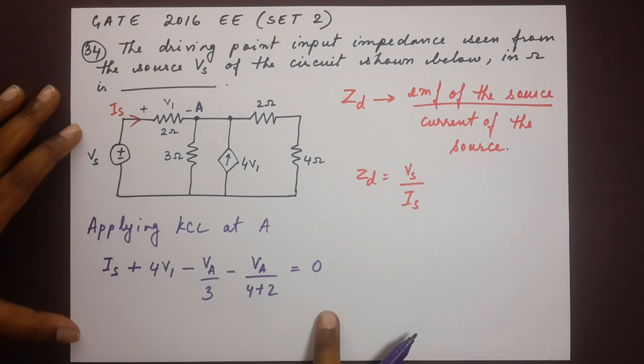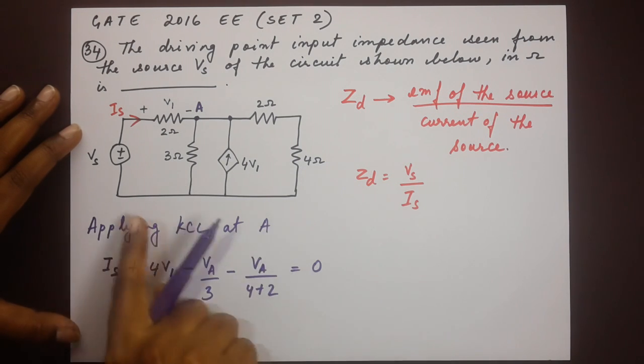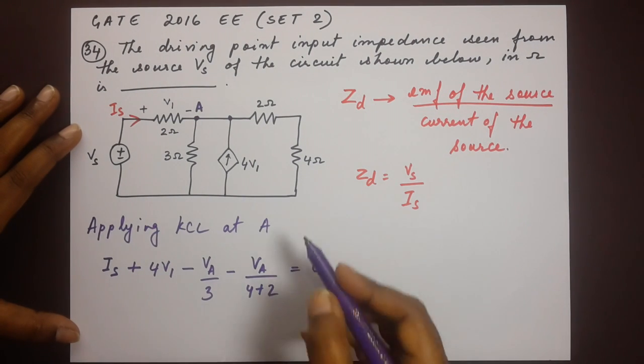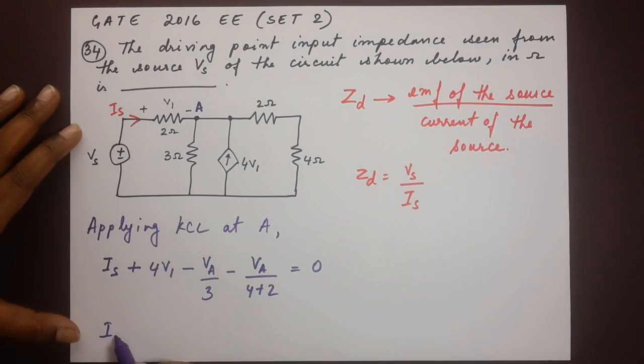This is our current equation for the entire circuit at that node A. So we now have Is plus 4V1 minus Va by 3 minus Va by 6 is equal to 0.